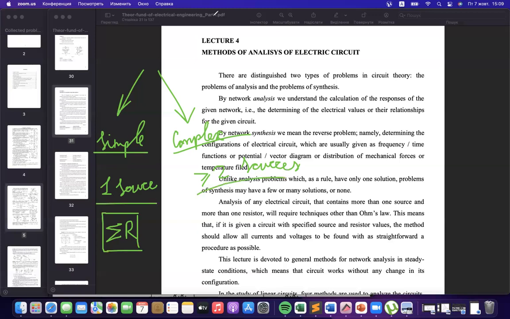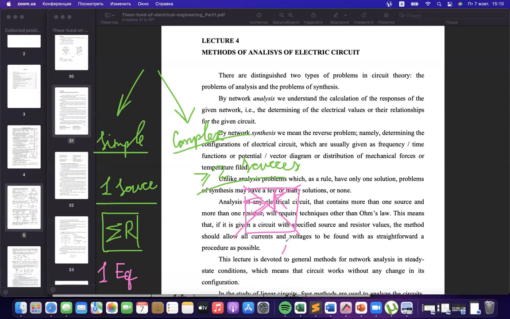If we have two sources, generally we cannot find such total resistivity, because total resistivity should be near a source. But if we have a couple of sources, the main question is, near which source should we find this resistivity? That is why in complex circuits we simplify what we can, but generally we cannot find total resistivity. That is why we use a system of equations. In this case, we will have only one Ohm equation.